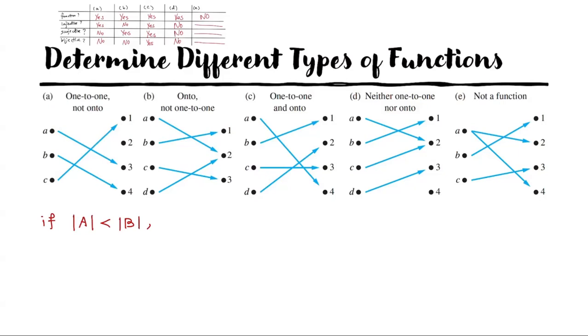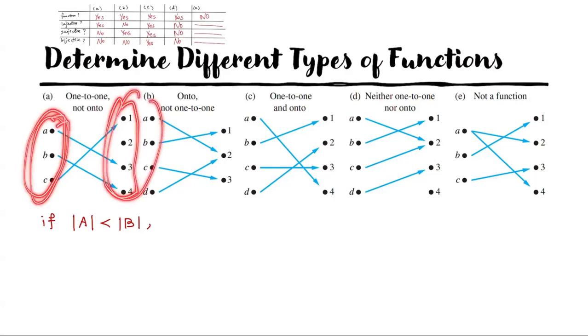So that means we have a scenario like this. If we have the cardinality of A less than the cardinality of B, can we get a bijective function? This means we have less input than output.